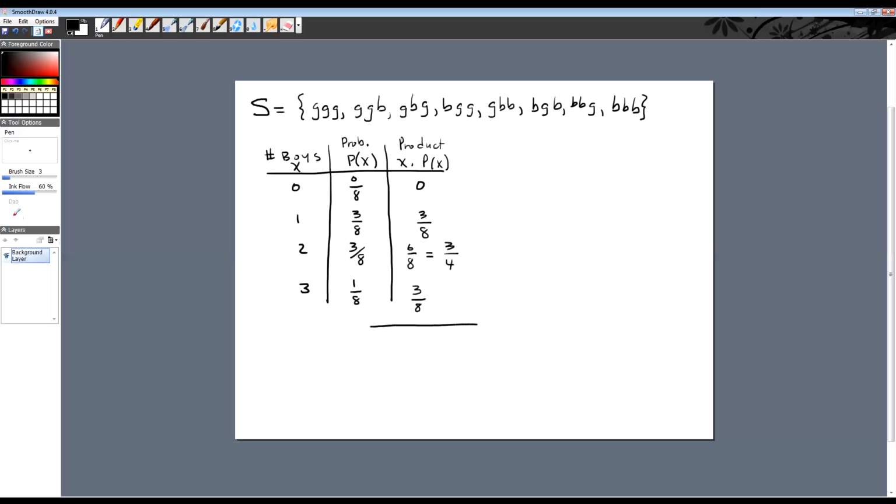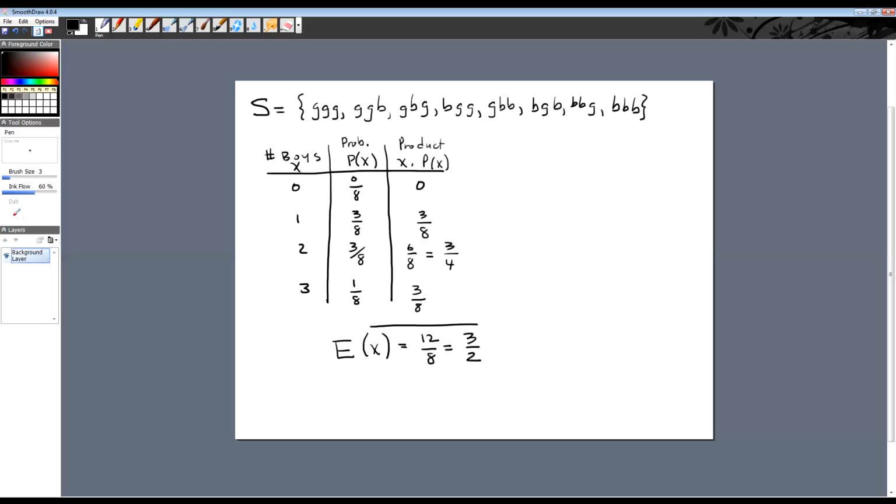So the expected value is that you add these up. So 3/8 plus 6/8 plus 3/8 equals 12/8, or 3/2. So the expected number of boys here is 1.5 boys.